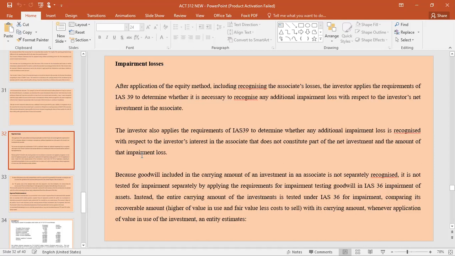Whenever I'm determining my net assets and there is goodwill in the books, then I add my goodwill to it before I determine my investment. Take note, whenever I'm determining my net assets and there is goodwill in the books, then I have to add the goodwill to it before I find the net assets. If I don't have goodwill, then I proceed with just adding my capital and surplus.